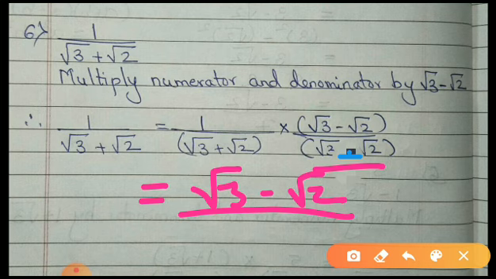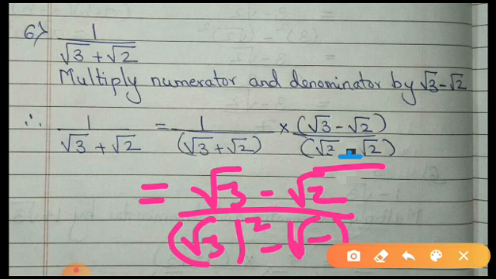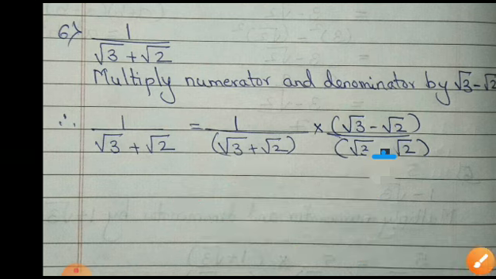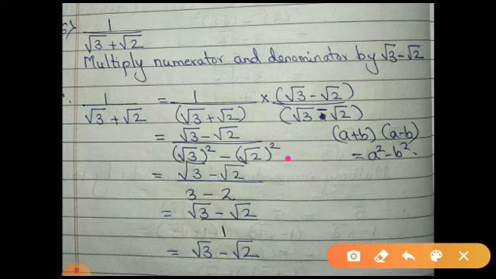So it should be a square, that is root 3 square, minus root 2 square. So root 3 square is 3, root 2 square is 2. So I'll get root 3 minus root 2 divided by 1. If the denominator is 1, no need to write. So my last answer is root 3 minus root 2.